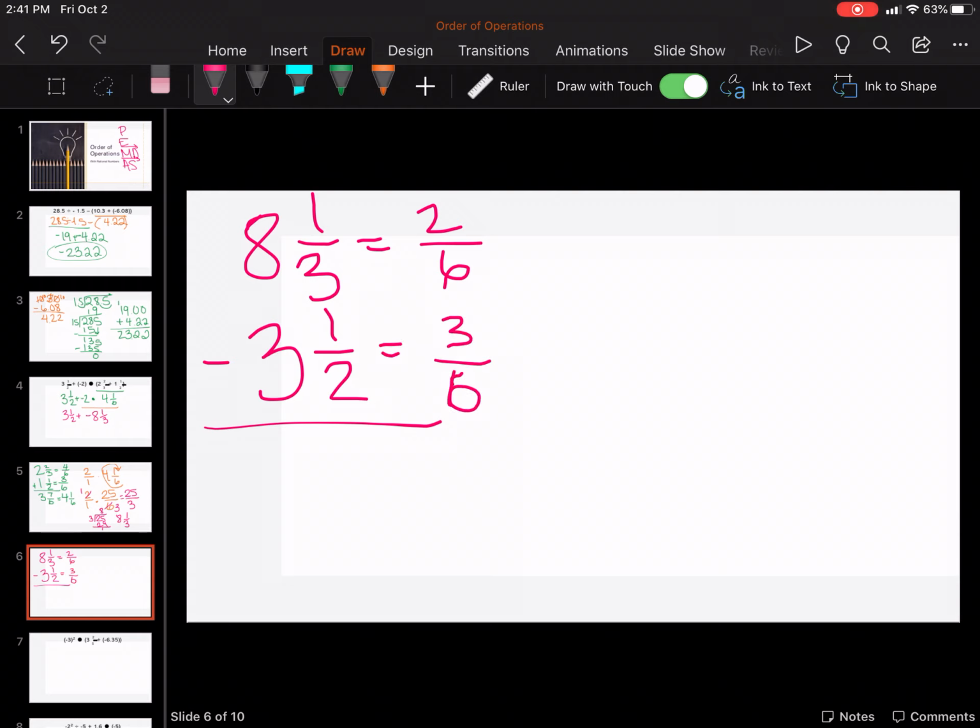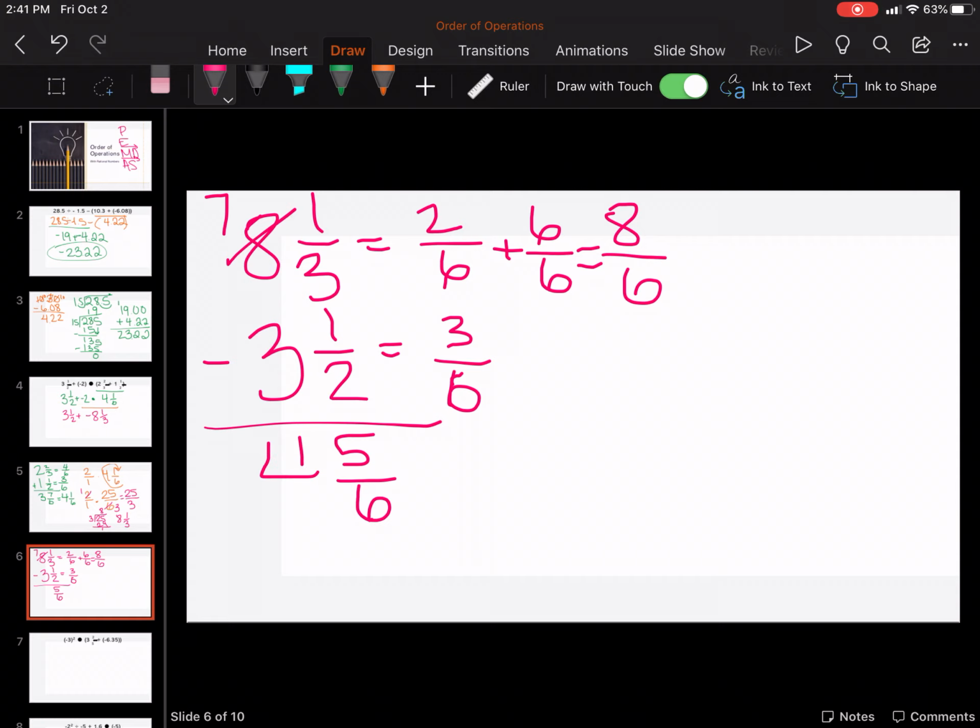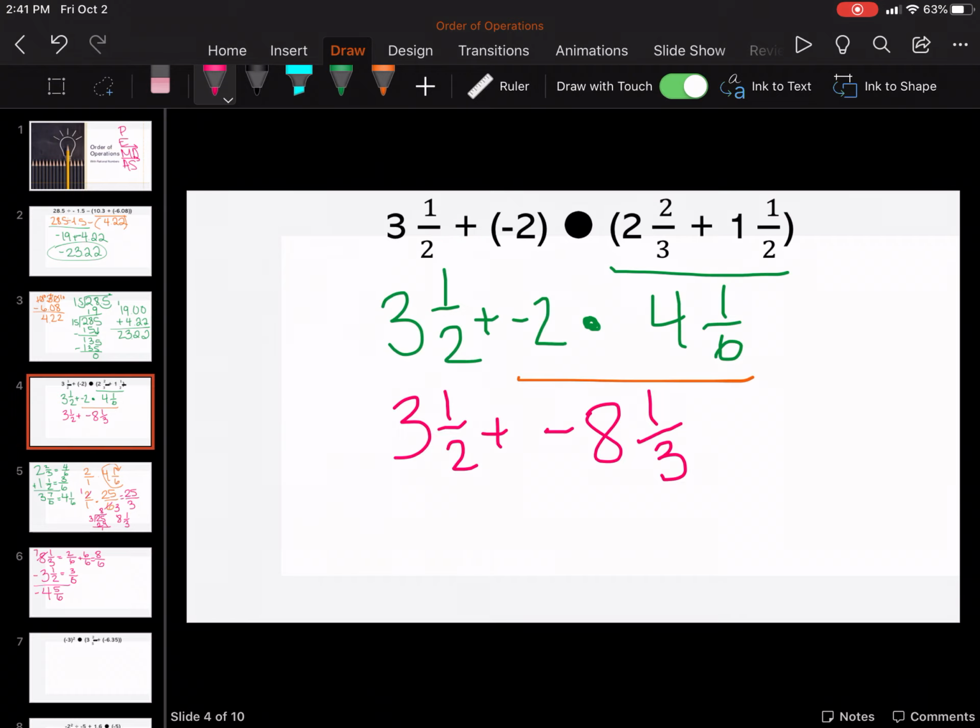I can't do 2 minus 3, so I need to borrow. 6 plus 2 is 8/6. 8 minus 3 is 5/6. 7 minus 3 is 4. It's going to be negative 4 and 5/6 is our answer, because the 8 was negative.